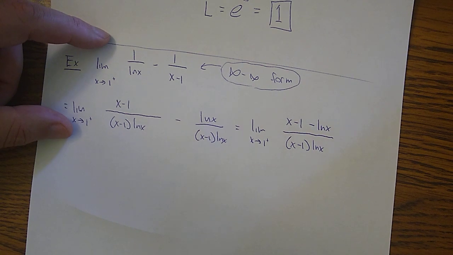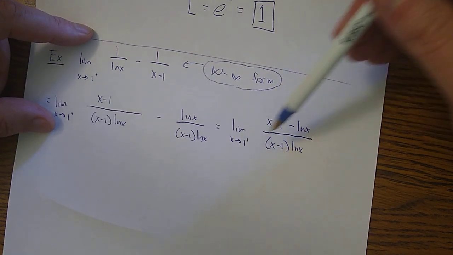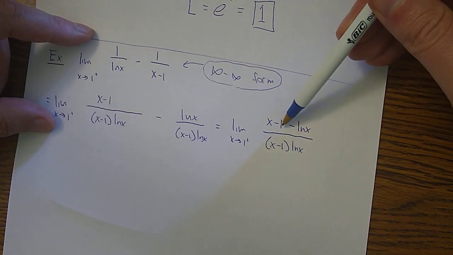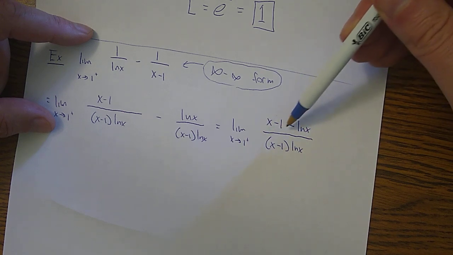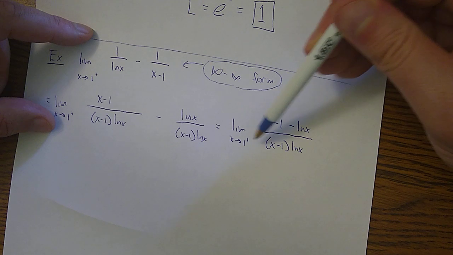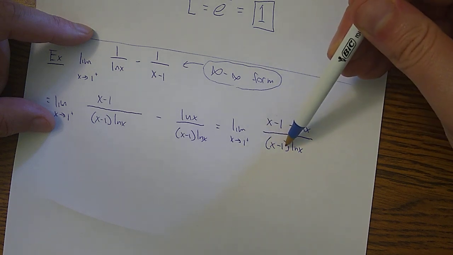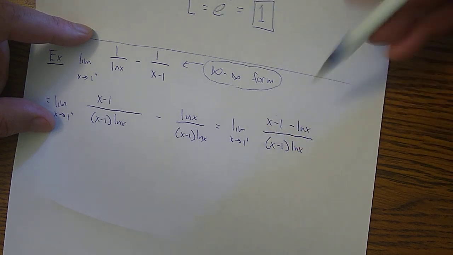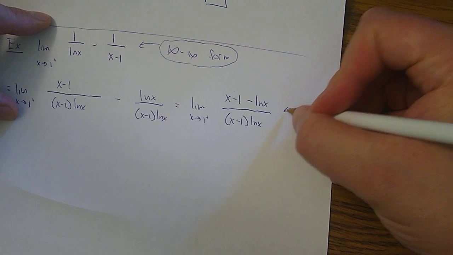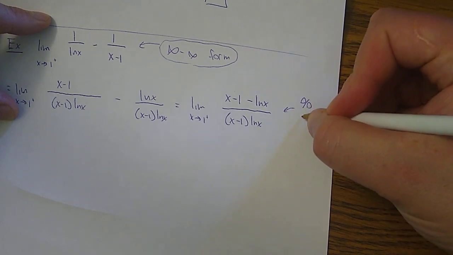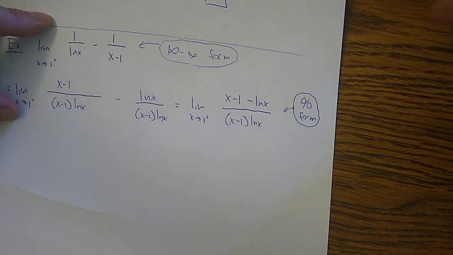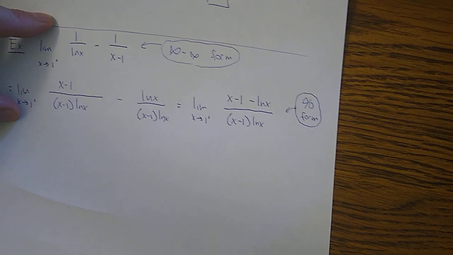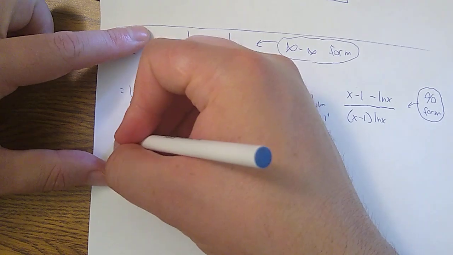Yeah, okay. Now as x goes to 1, what happens? Here I've got 0 minus 0, so the top's going to 0. On the bottom, it looks like I'm getting 0 times 0. So this would seem to be a 0 over 0 form. Okay, good. That's one of the ones L'Hopital's rule applies directly to.